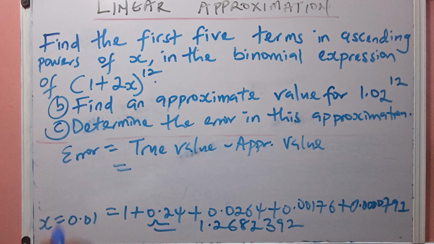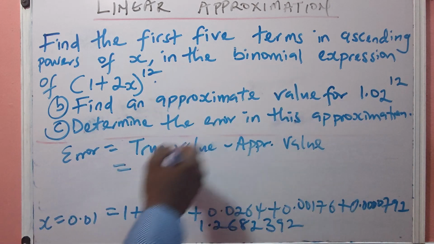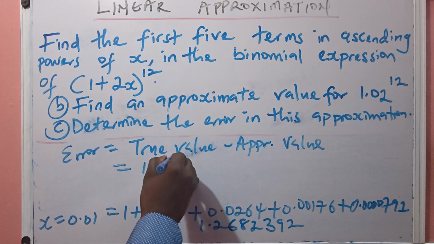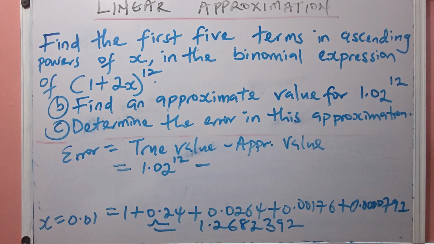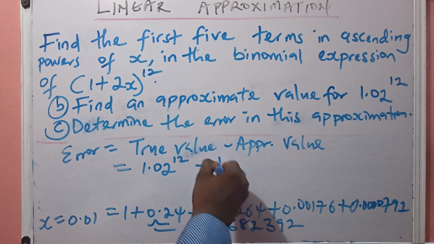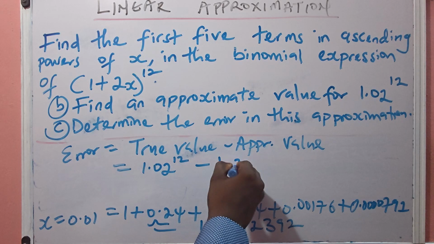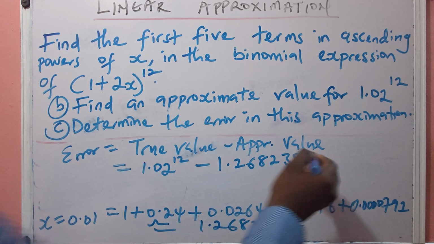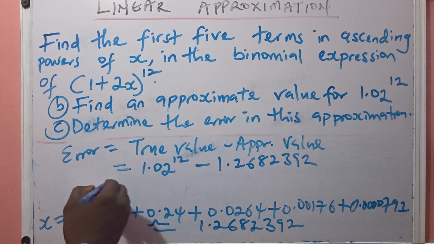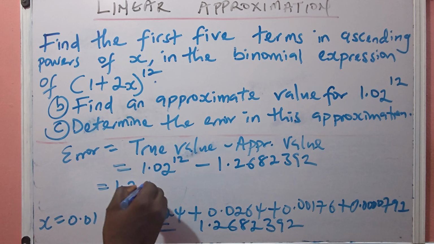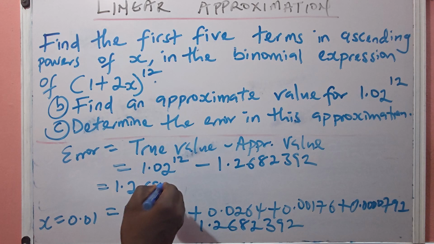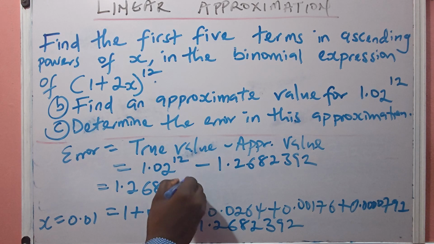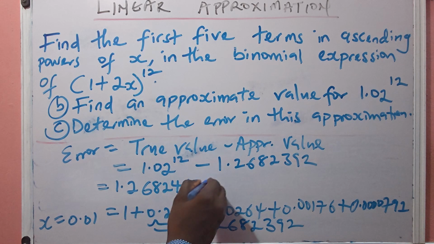So in this case, to get the true value, you will have to press 1.02 raised to the power 12 on a calculator, and then subtract the approximate value from that value. So if you press this on a calculator, you'll be getting 1.26. I already told you that the values are not always far apart, because that's one way to know if you're actually correct or not.